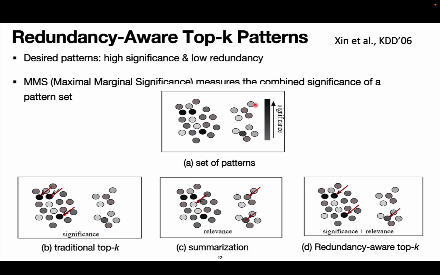Darker dots correspond to higher support. Now moving to figure B, if we use the traditional top K approach, we simply select K patterns with the highest support. For example, K equals 3, we just take the 3 darkest points, but the problem is that these patterns are often very similar to each other, so we essentially report multiple variants of the same frequent patterns.